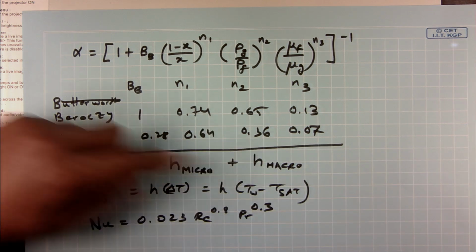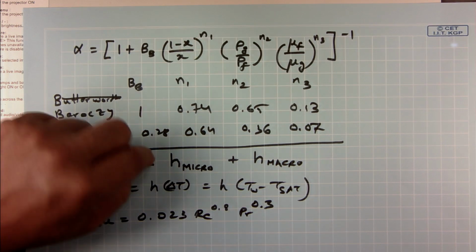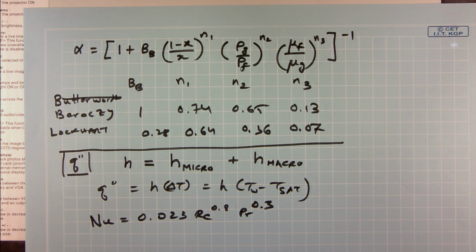So, that is the idea behind the Chen's correlation. And when I discuss the flow boiling on carbon nanotube coatings, you will see that this correlation actually comes very close to predicting the values that we were getting.